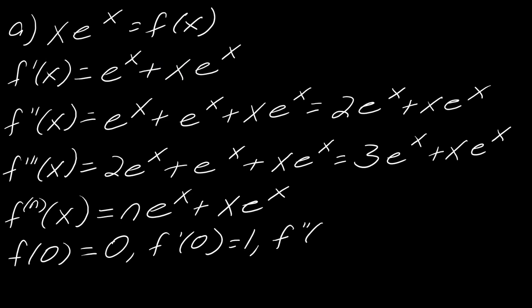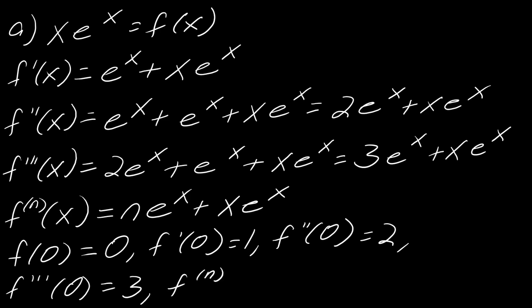F double prime of 0: this is what I was left with, 2 times e to the 0, which is just 1, so 2 times 1 plus 0. Okay, so again, a pattern is emerging here. F triple prime of 0 will just equal 3.